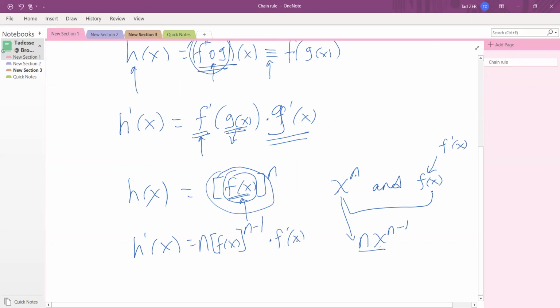This is what we call the general power rule. If you have a composition like this, you'll be using this.